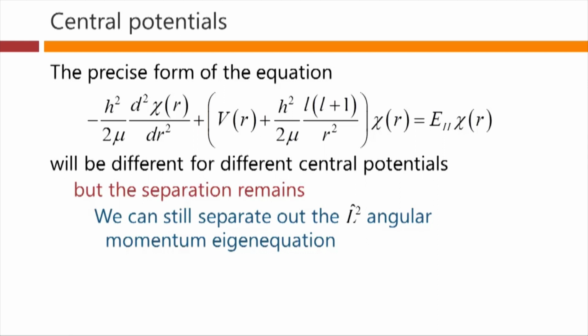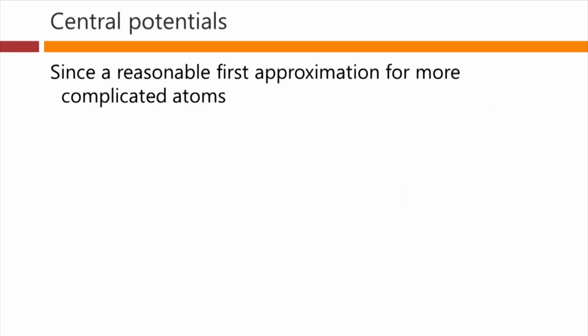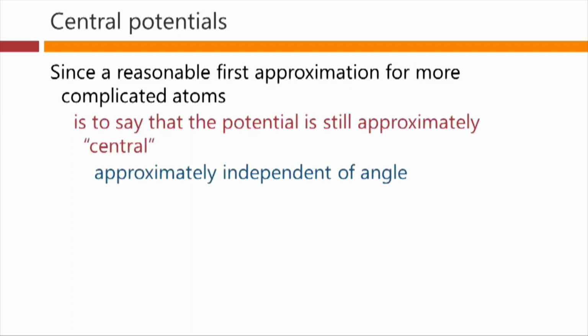Now, why does this matter? Well, it matters because this could be a reasonable first approximation for more complicated atoms. That is, we might reasonably presume as a first approximation that even if we've got a more complicated atom with lots of electrons and lots of protons and neutrons in the nucleus, that to a first approximation the potential energy might still just be approximately dependent only on the magnitude of the distance, little r.